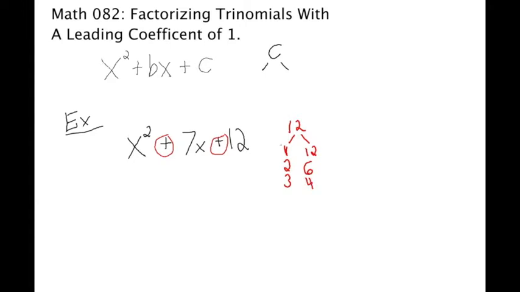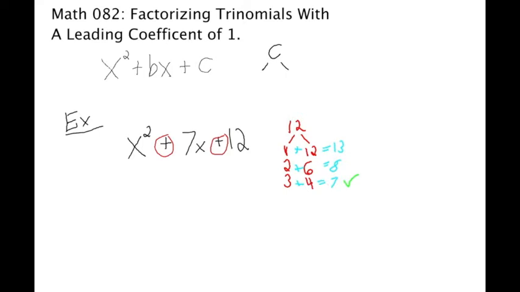So now we need to find which combination of these two is going to add to become 7. So we know 12 plus 1 is 13. 2 plus 6 is 8. And 3 plus 4 is 7. There's our winner.